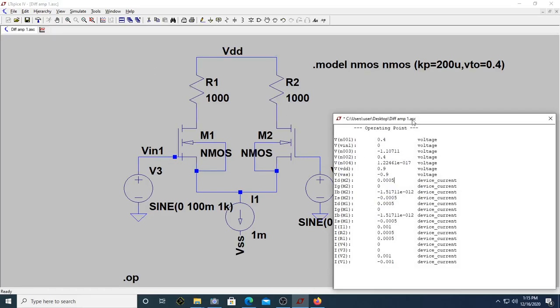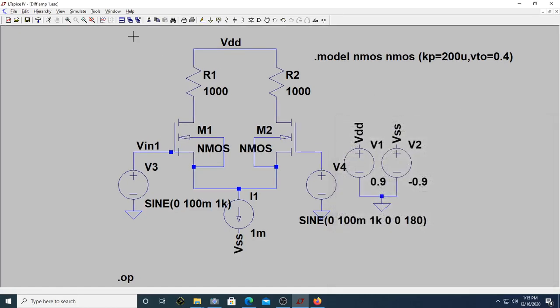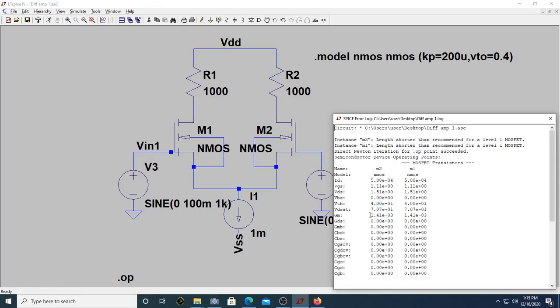Okay, I think it is still in. Let me just go to this view and find this out. You can see this is still in saturation. If you can see this, VGS is 1.1 volt and VDS is 1.51. Can you see this VDS is more than VGS minus VTH?